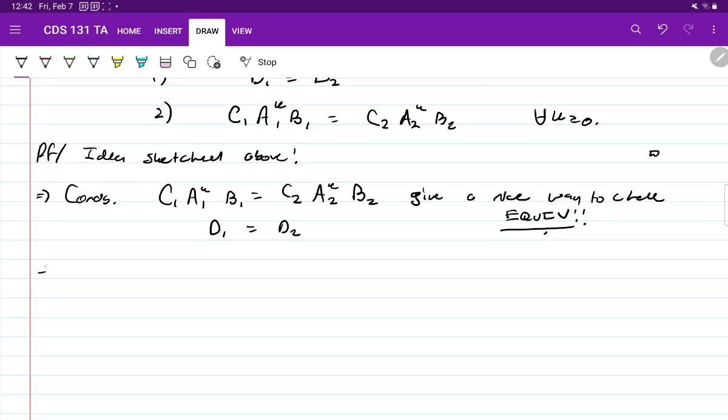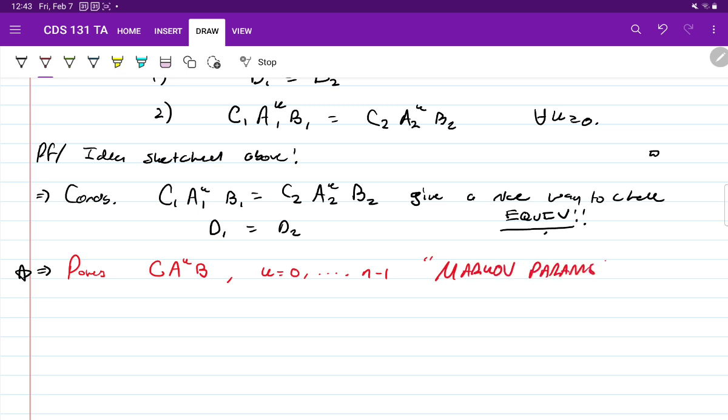So, because these things are a little bit important and they tend to show up, these parameters actually have a name, okay? So we say that the powers c a to the k times b, where k equals 0 up until n minus 1, are called the Markov parameters of A, B, C, D, okay?